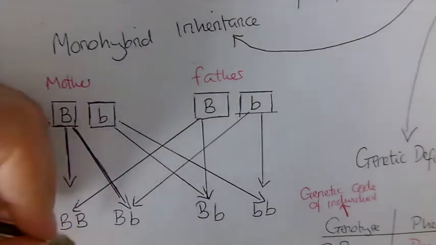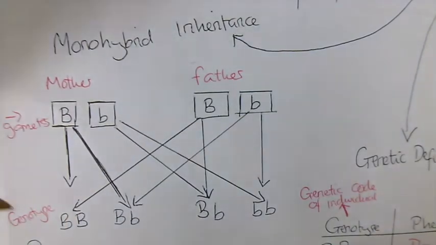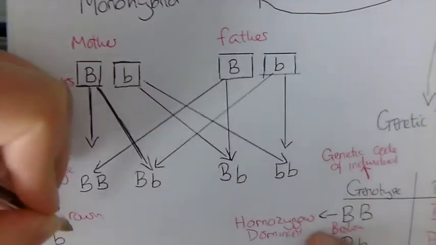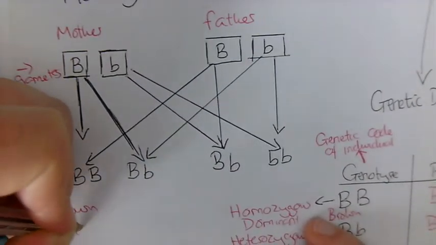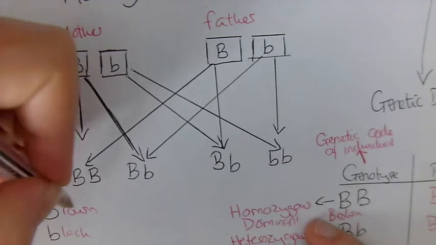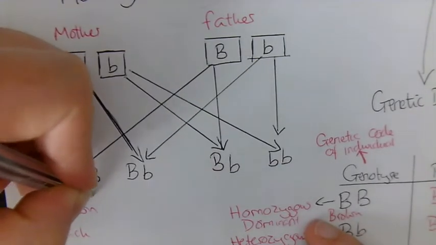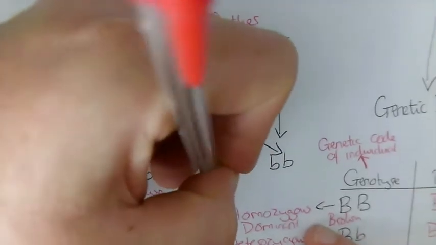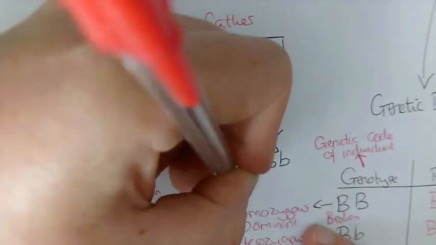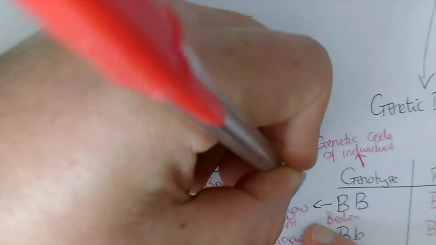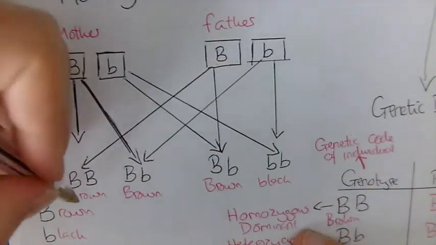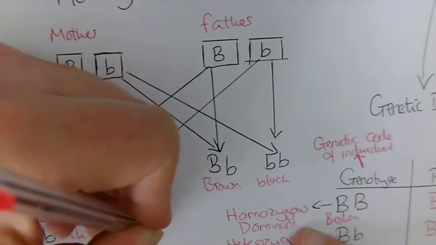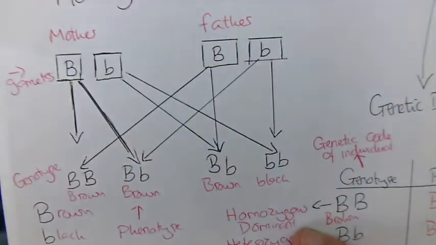So if we remember, big B was brown and little b was black, we can see that we've got brown, brown, brown, black. So this then is the phenotype, the characteristic that's seen.